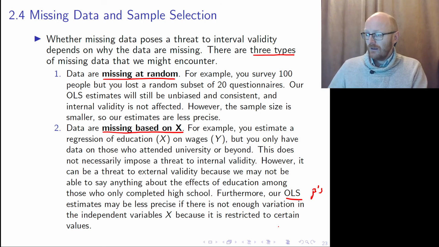Which means that the confidence interval for a beta would be larger, and you would be less certain as to where the true value of the beta would be.